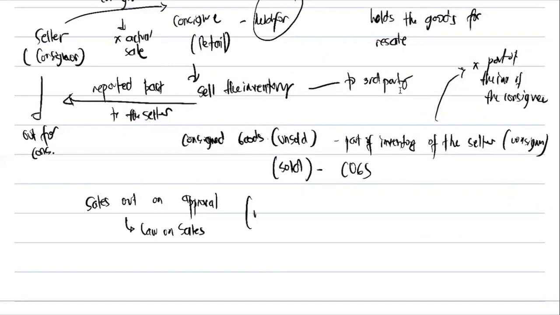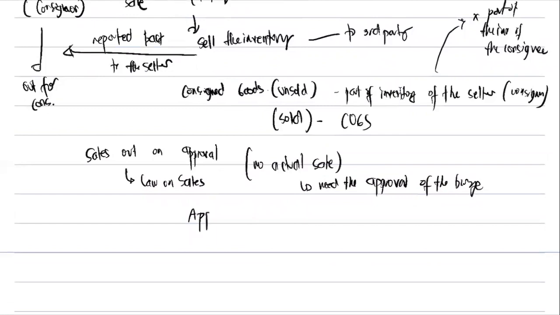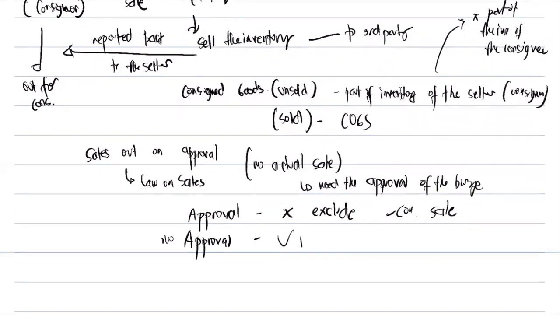So here, there was no actual sale because you still need the approval of the buyer. So if there is already approval, exclude. Why? This is already a consummated sale. But if there's no approval yet, it is only out on approval, you include as an inventory.